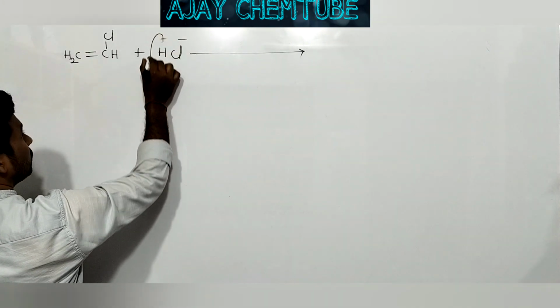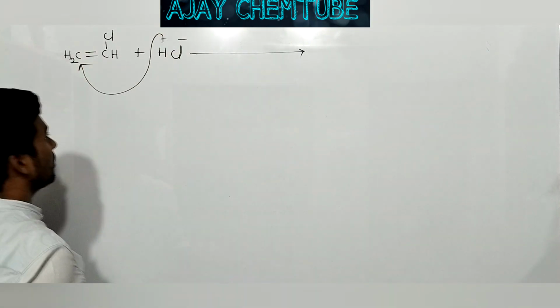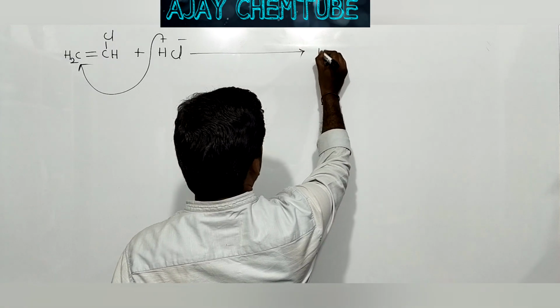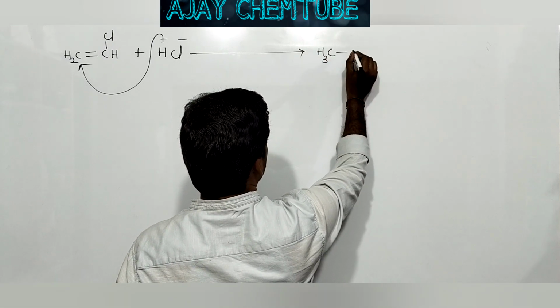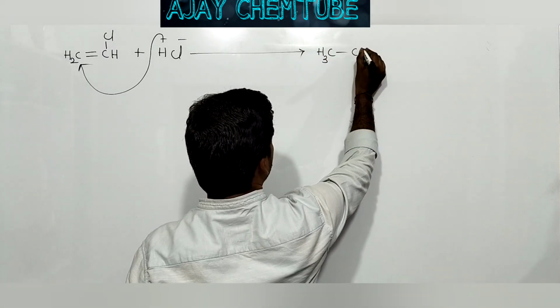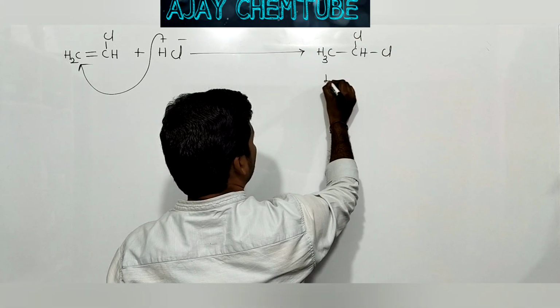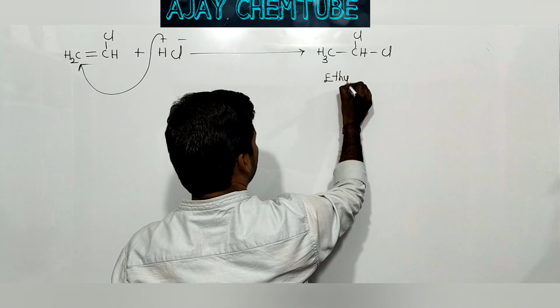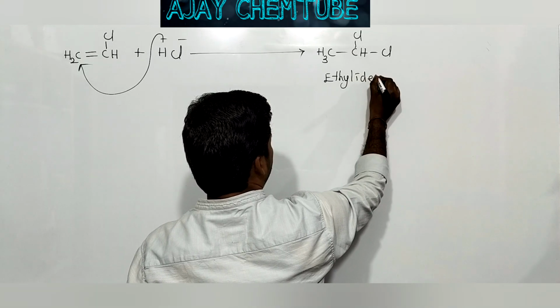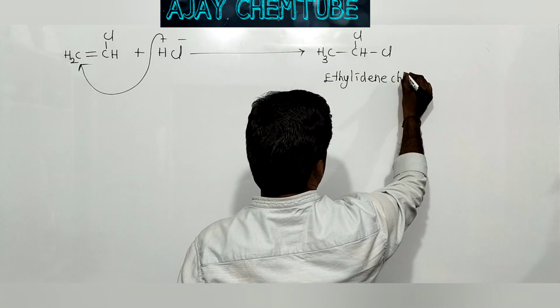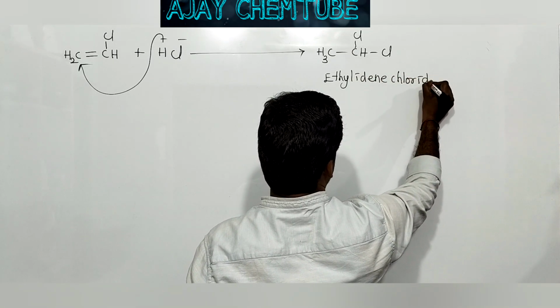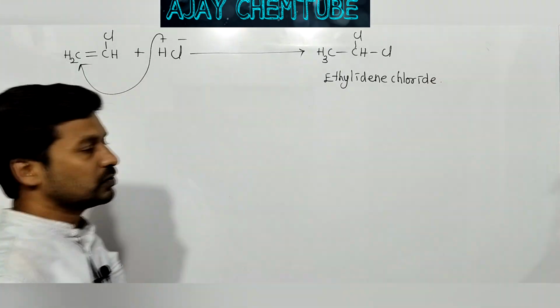The positive part attaches to the double bonded carbon containing more hydrogen. So CH2 becomes CH3, the double bond becomes a single bond, CH, here Cl. This is ethylidene chloride. This is Markovnikov's rule.